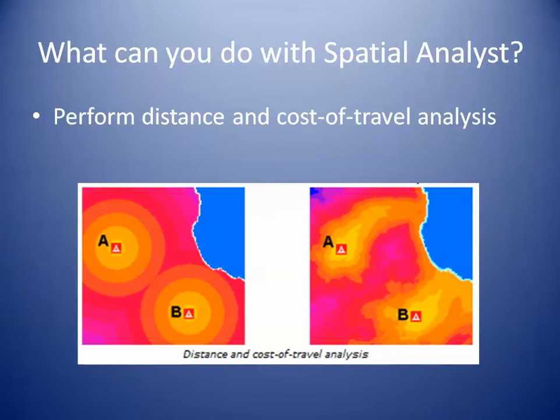Well, when it came to ArcMap, doing distance analysis is one of the workhorses of ArcMap. But this time we're going to start creating these raster-based, cell-based surfaces that represent distance. The one over to the left is a camping scenario.